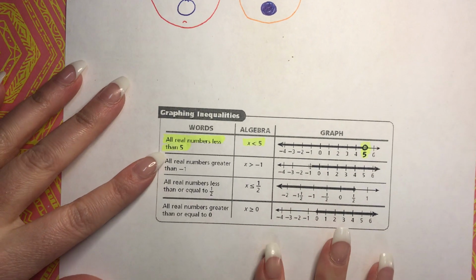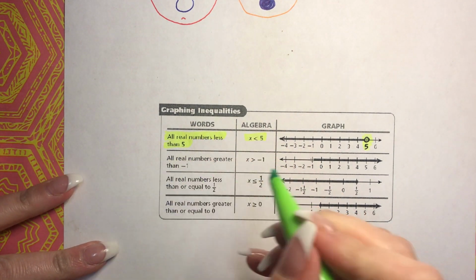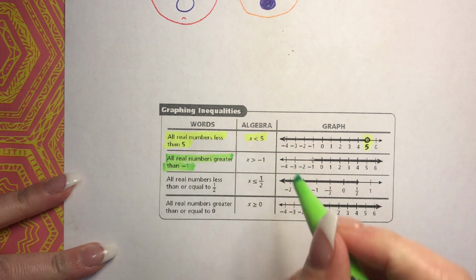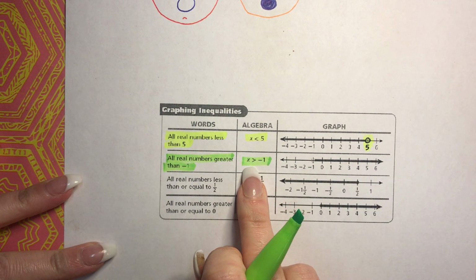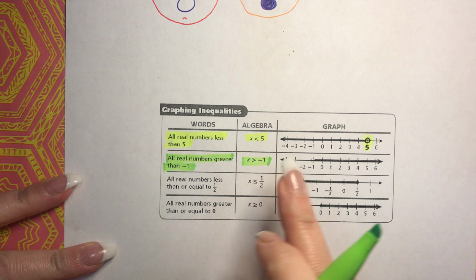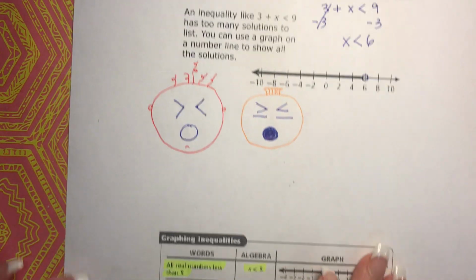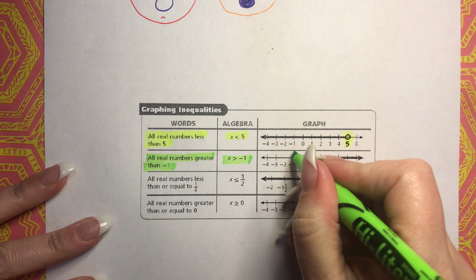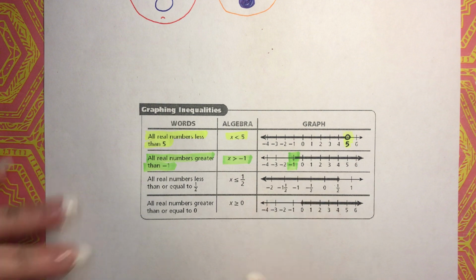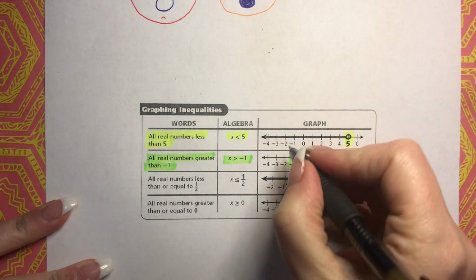Okay, let's look at the next one. The next one says all real numbers greater than -1. Whenever you're graphing that, it looks like this visually. You're going to make a number line and find your number -1. This is the cute open circle emoji, so you're going to have an open circle right on -1.